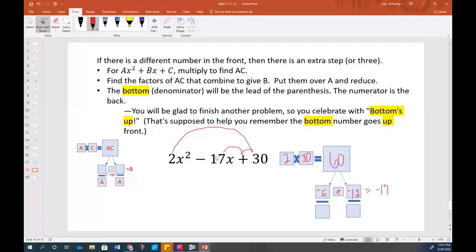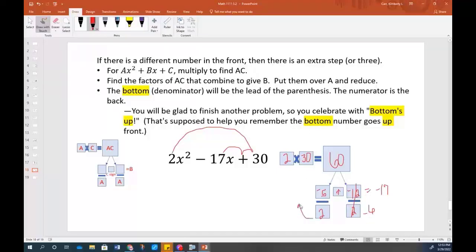Then, after you've done that, you put them over that first number again. We start with it and we end with it. Negative 5 over 2 does not reduce, but negative 12 over 2 reduces to negative 6. Now, if you have a bottom number, it's bottoms up: the bottom number goes up front.